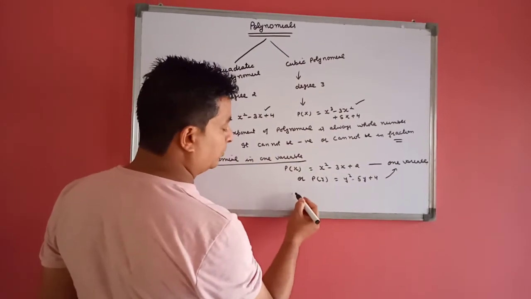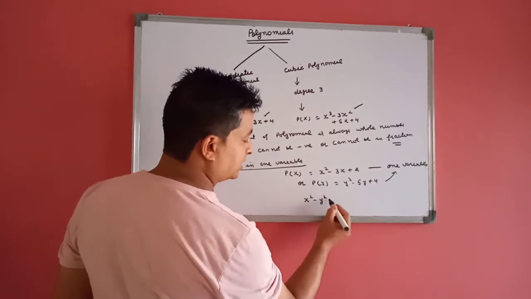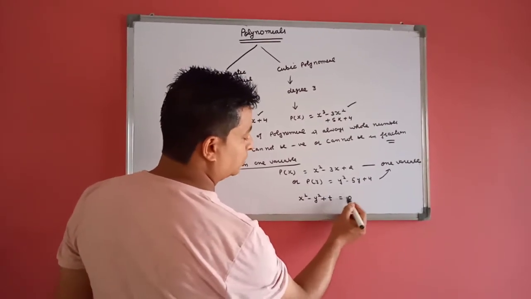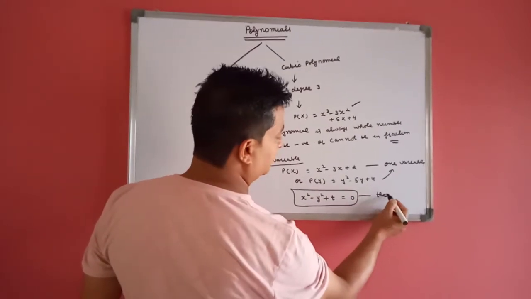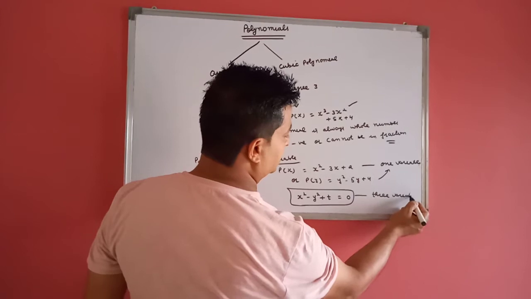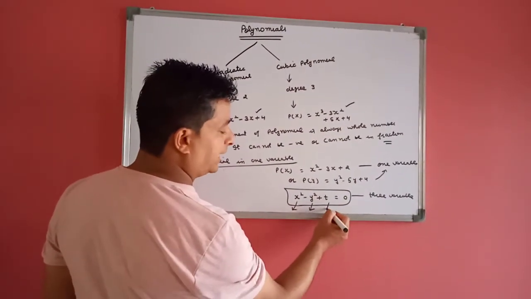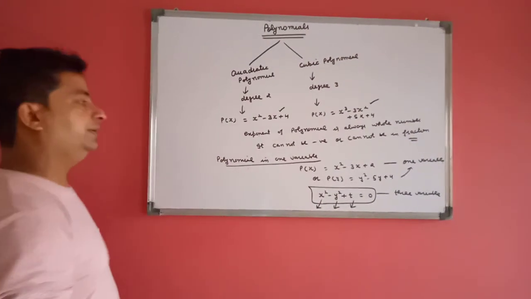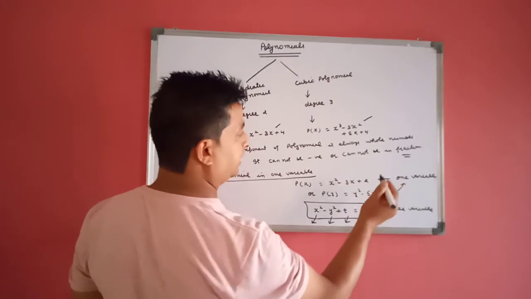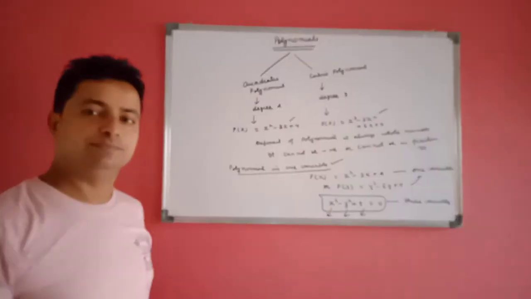But if the polynomial is like x square minus y square plus t equals 0, then it is a polynomial in three variables. In this polynomial, the variables are x, y and t. In this chapter, we study only polynomials in one variable.